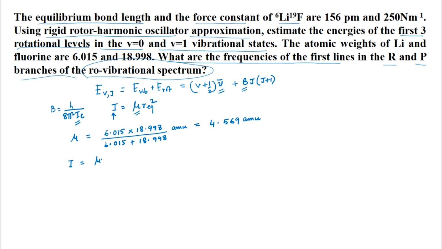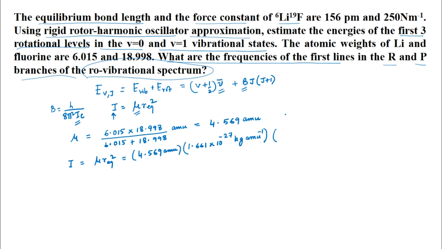Now, once we have found the reduced mass, let us look into the moment of inertia I. So, I equals mu times R equilibrium squared. The value of mu is 4.569 AMU, and we convert that into kg. So, we multiply with 1.661 times 10 to the power minus 27 kilogram per AMU, and then we multiply this with R equilibrium squared.